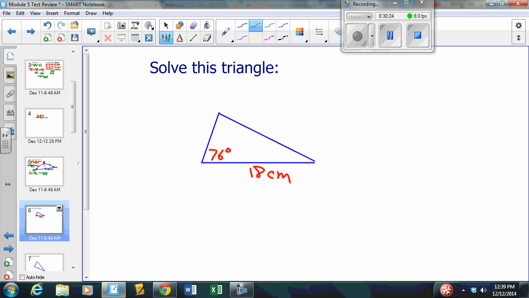Let me make sure I've got one that will work here, because this is the ambiguous case. They don't always work. Let's go 20 centimeters right here.